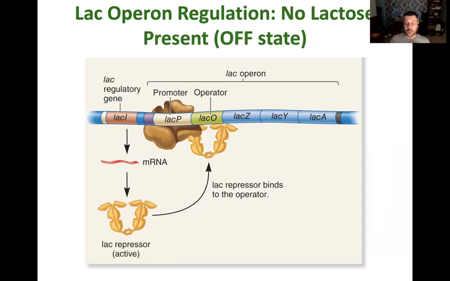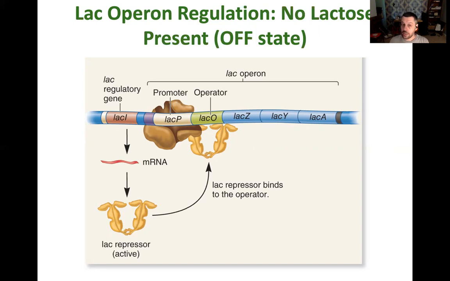So the way this actually works when there's no lactose around is that there's a lot of Lac repressor in this cell, and some of it will be bound to the operator, preventing expression of this operon. But it doesn't bind perfectly.